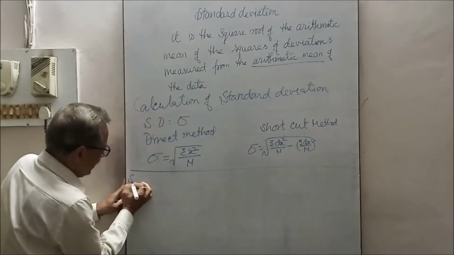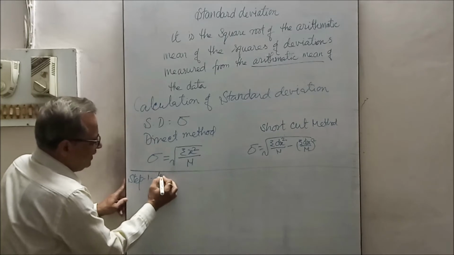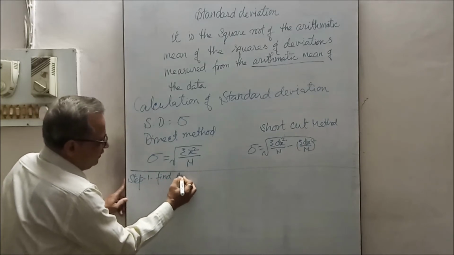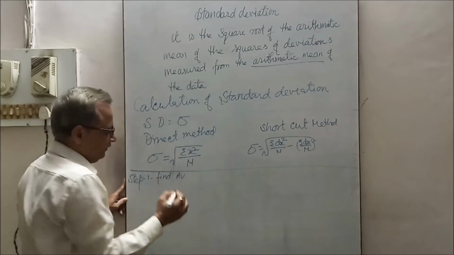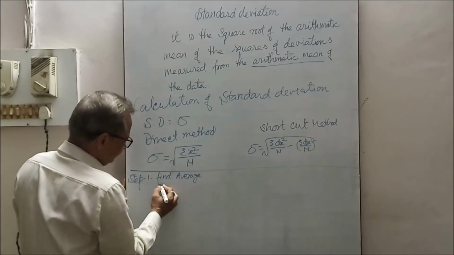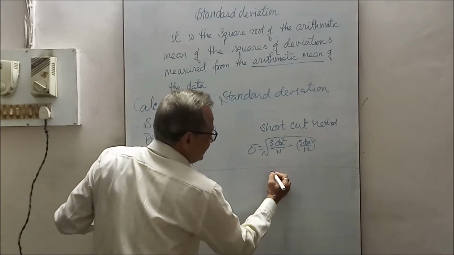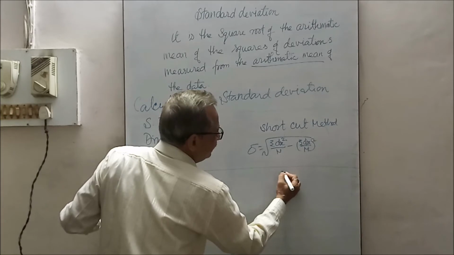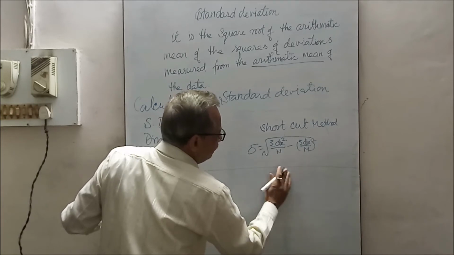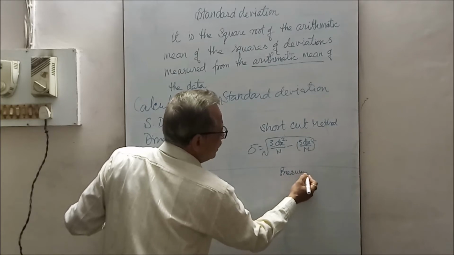How is it ascertained? In the direct method, step 1, find the actual arithmetic mean.